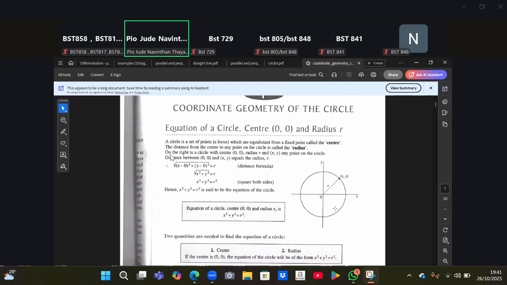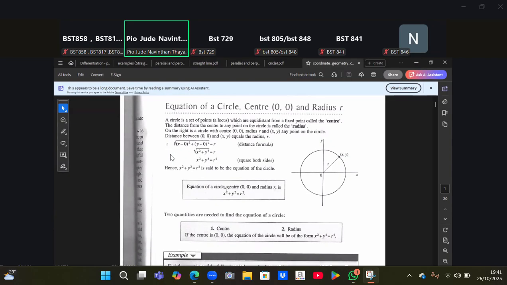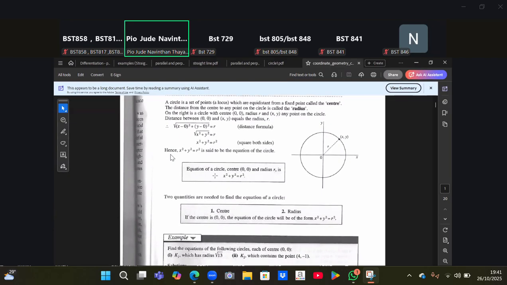This will be different with the circle, right? Here we are considering only the two-dimensional case. The equation of the circle is x square plus y square equal to r square.